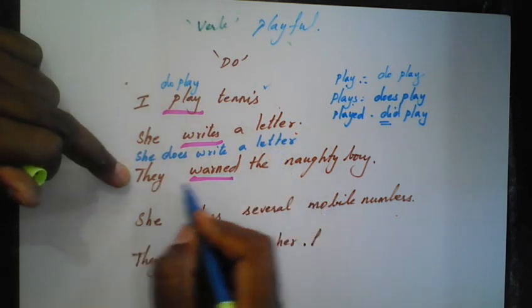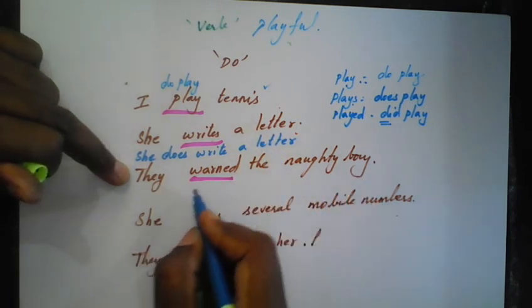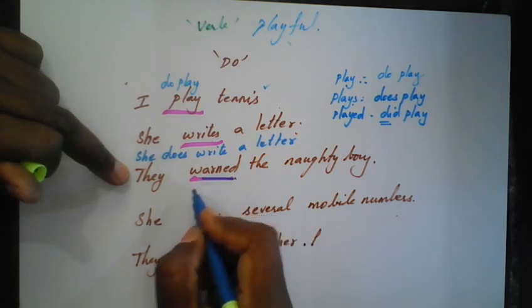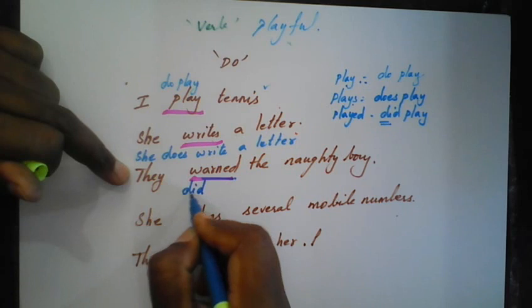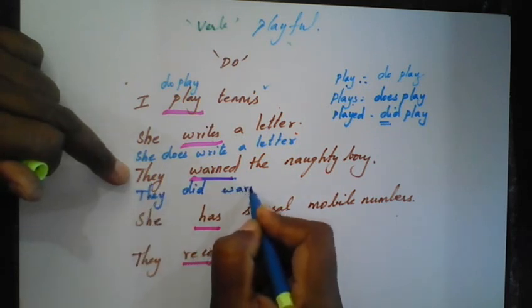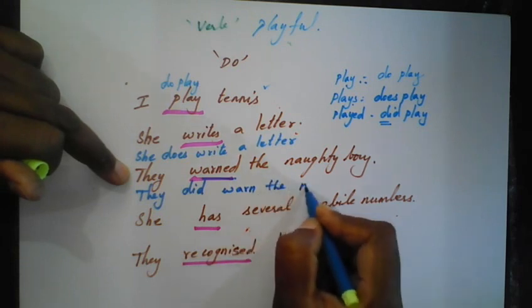Okay. Now, "they warned the naughty boy". Here "warned" is your past form. So what do verb will be hidden? Did. So we can write "they did warn the naughty boy".